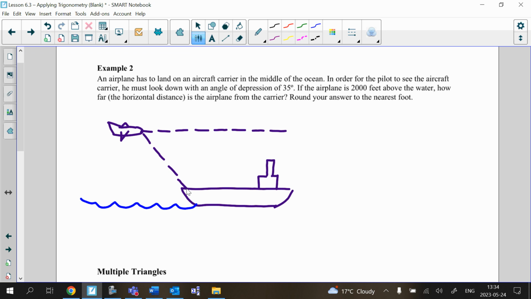That angle between those two lines that I just drew, that is the angle of depression. So this is 35 degrees.